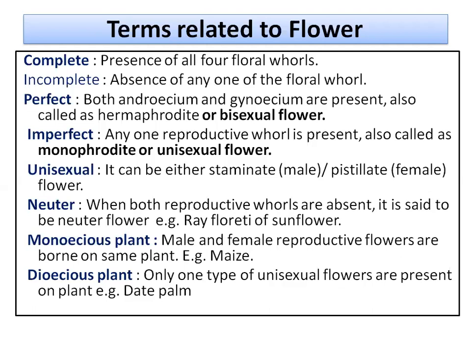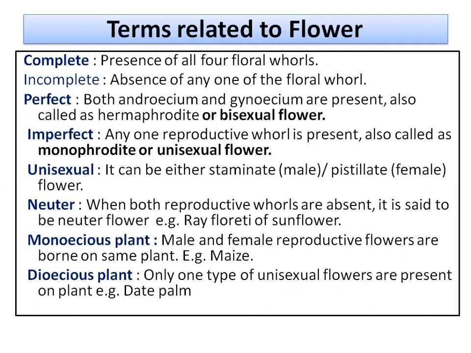Now, monoecious and dioecious plants. So what is a monoecious plant? Mono means single. So male and female reproductive flowers are borne on the same plant. For example, maize. If you observe the maize plant, one type of flower contains only the male reproductive organ, and another type of flower contains only the female reproductive organ, that is the gynoecium or the carpel.